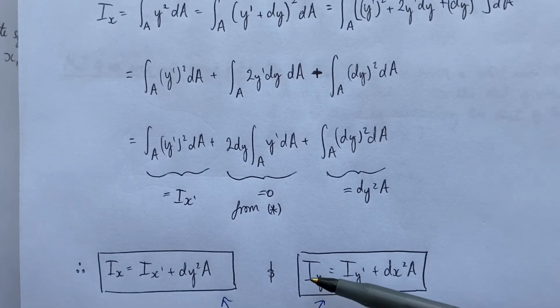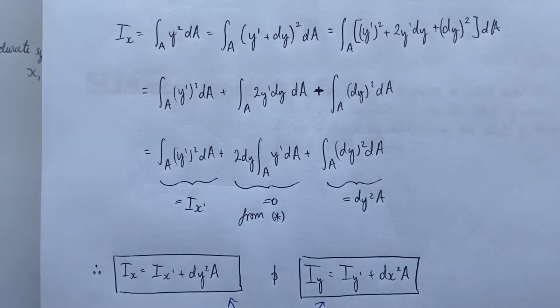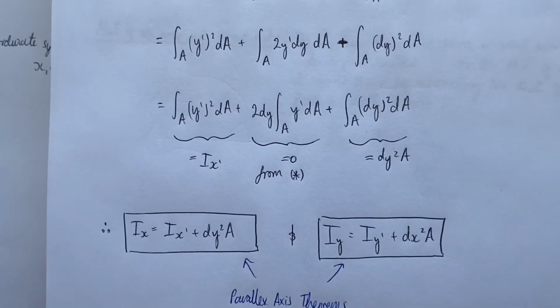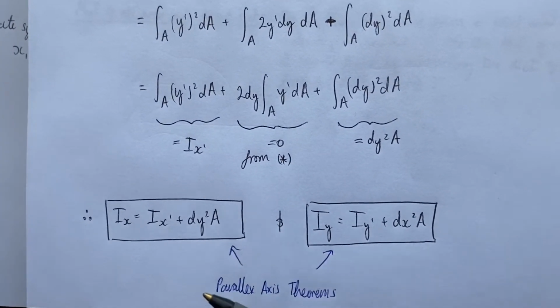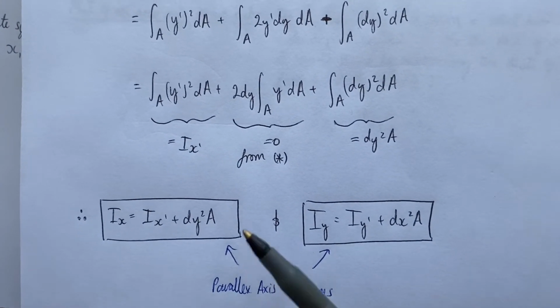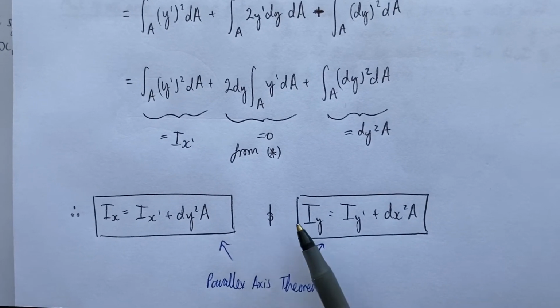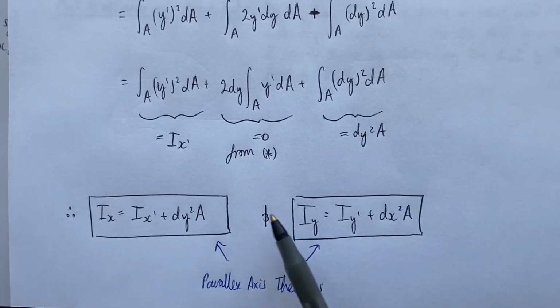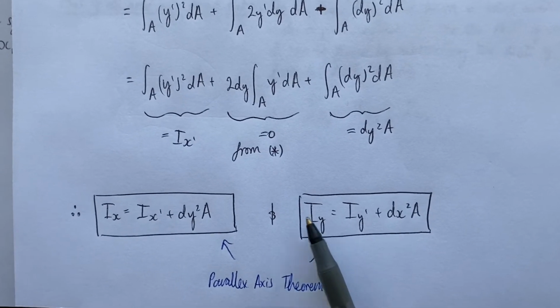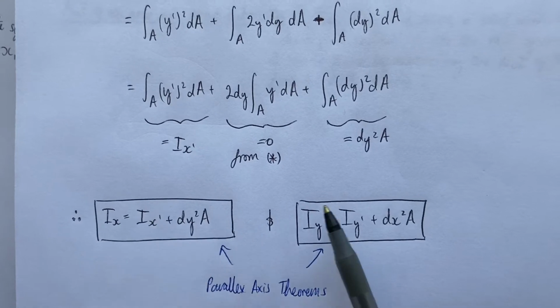And the moment of inertia about the y-axis is exactly the same if you follow the same derivation. So these two things in these boxes here are what's called the parallel axis theorems. And as I say, they're useful for calculating the moments of inertia about a new coordinate system, x, y, based on information that we know about the moments of inertia about a different coordinate system, x dash, y dash.